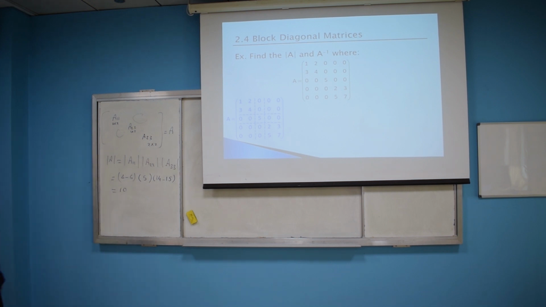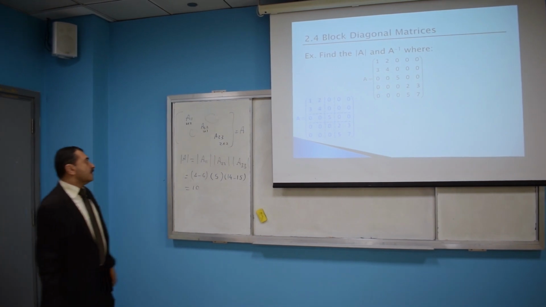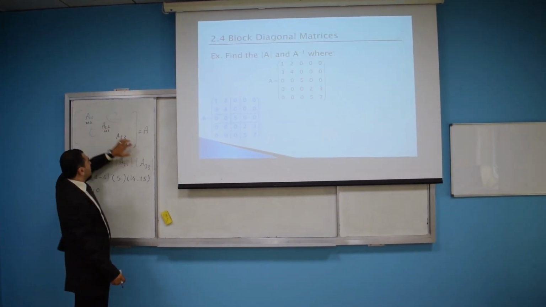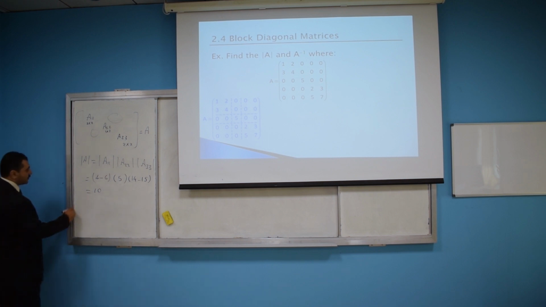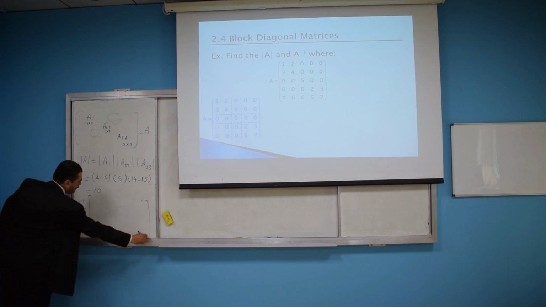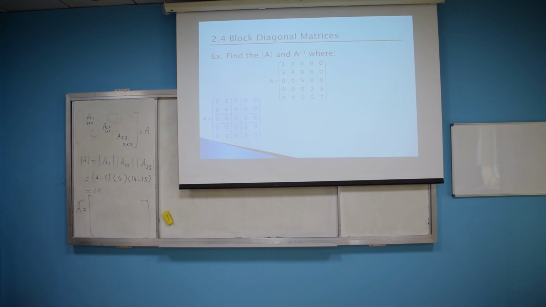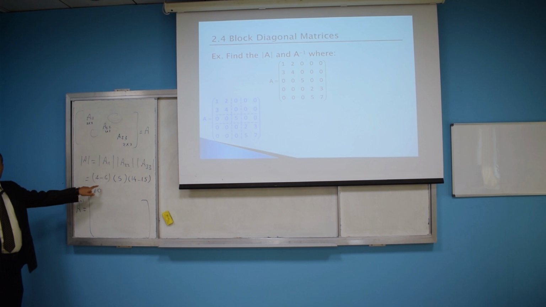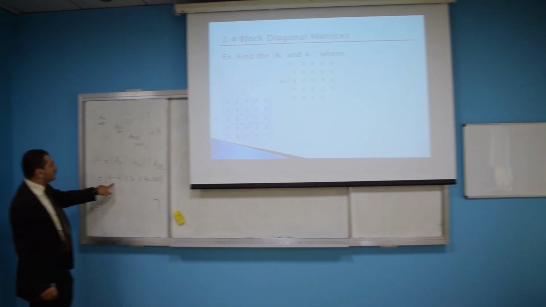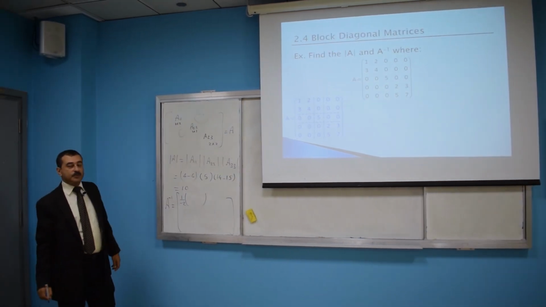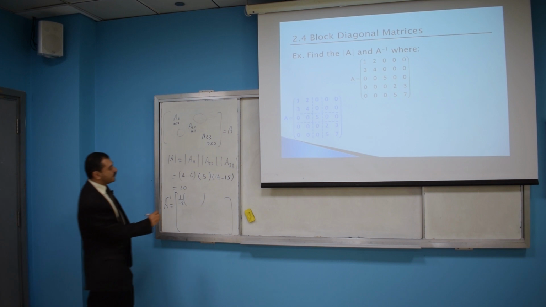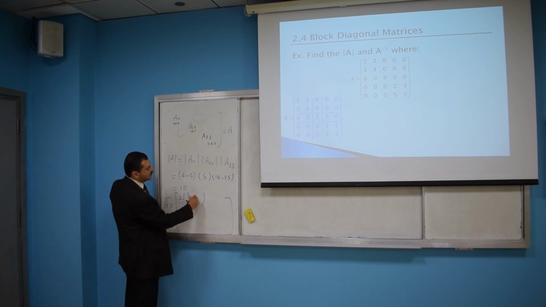If I want to find the inverse, I write the inverse of each guy on the diagonal. So the inverse of A. The first one, don't forget the determinants, right? You have here the first determinant is -2. And right here the inverse of the first 2 by 2 matrix, interchange 4 and 1, change the sign.